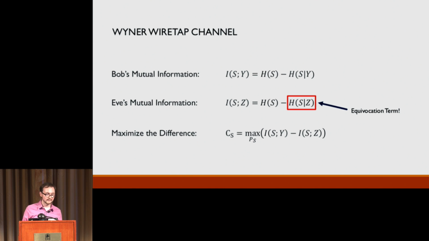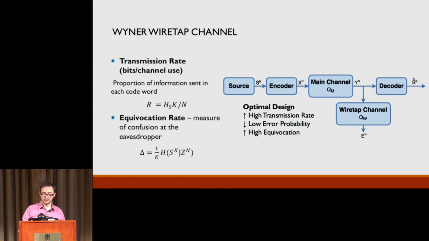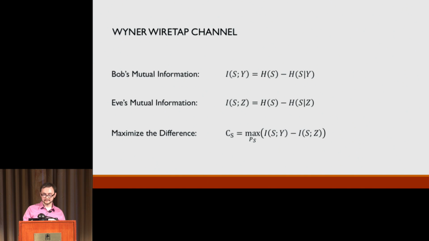So if I have to send the same signal or the same message to both Bob and Eve in this channel, I can't do anything to that to help me. However, if Eve's channel is degraded enough, then I'm able to have a mutual information at Eve that's smaller than Bob.